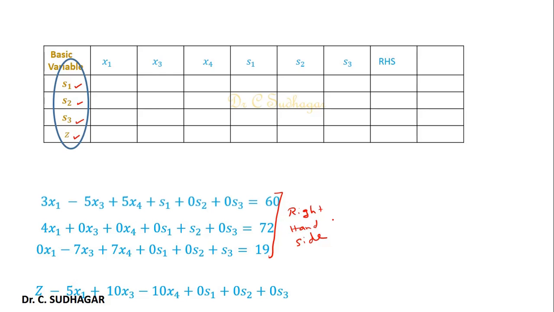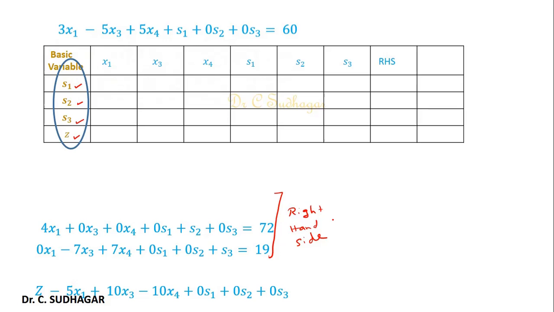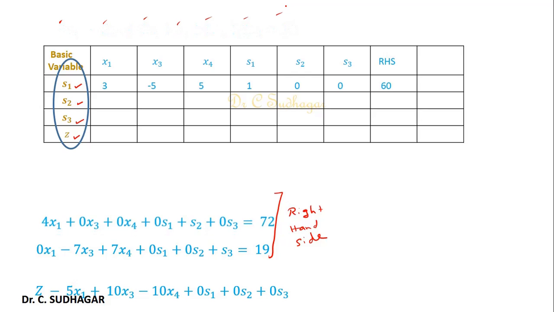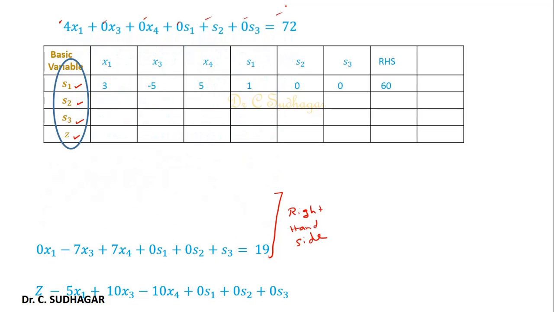So let us take the first equation, 3x1 minus 5x3 plus 5x4 plus s1 plus 0 s2 plus 0 s3 equal to 60. Take only the numbers: 3, minus 5, plus 5, plus 1, 0, 0, 60. Take these numbers and put them in the first row. Now take the second equation, 4x1 plus 0 x3 plus 0 x4 plus 0 s1 plus s2 plus 0 s3 equal to 72.